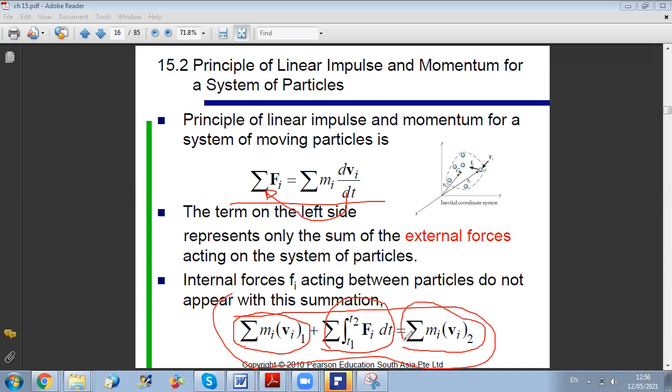So it's like Newton's law, we can apply it on a system of particles. It's like work and energy that can be applied on a system. So the method is always the same, I just have to do the summation.